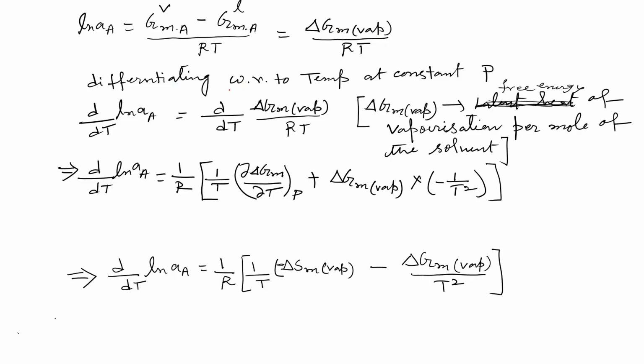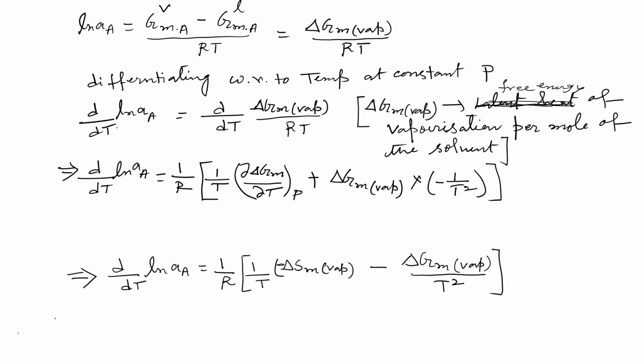Now differentiating this equation with respect to temperature at constant pressure, d/dT of ln activity of A is equal to d/dT of delta Gm vaporization divided by RT. Delta Gm vaporization is the free energy of vaporization per mole of the solvent.